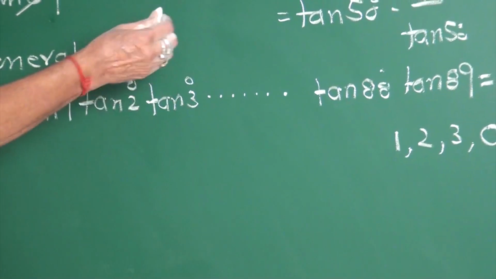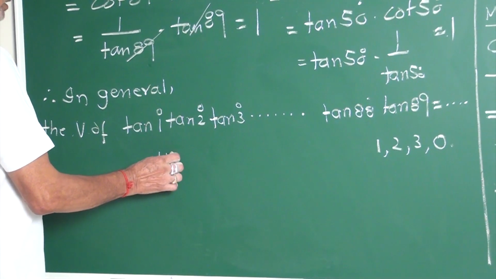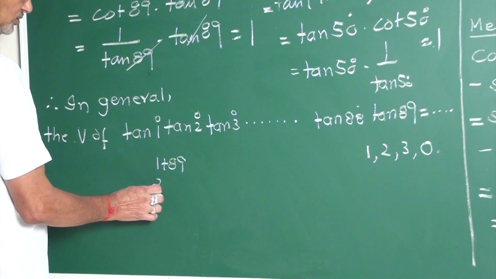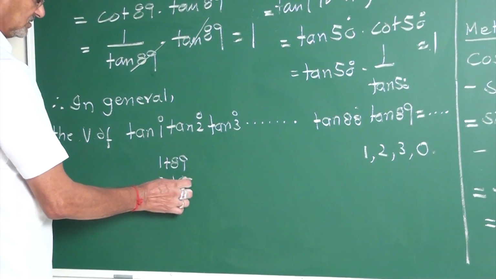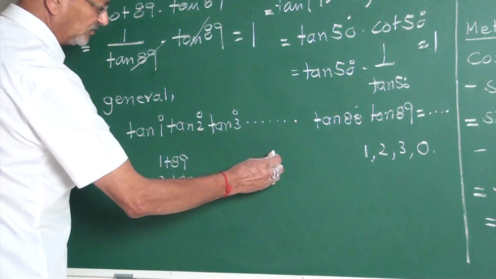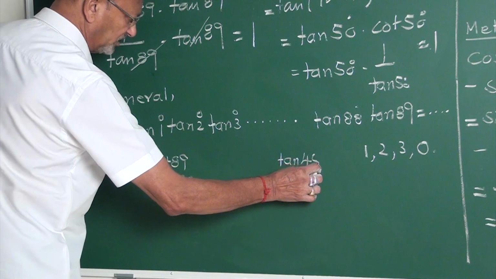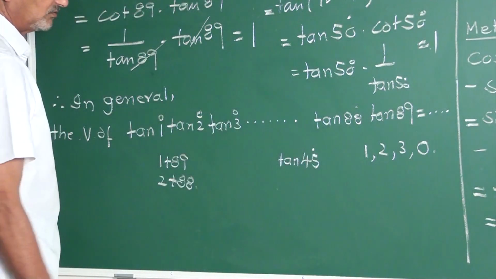Yes, 1 and 89: this is 1 plus 89, 90. 2 plus 88, 90. 3 plus 87, 90. In between you get one angle, tan 45. Tan 45 is 1.